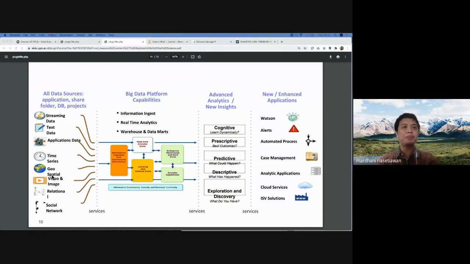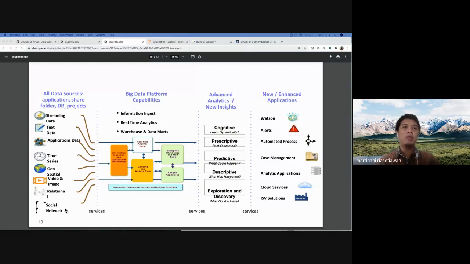And then we also have video and image, like we collect data from YouTube, for example, or from a video surveillance system. And then we also have relational data, mostly in databases. We can use the ETL way, and that's on the social network.